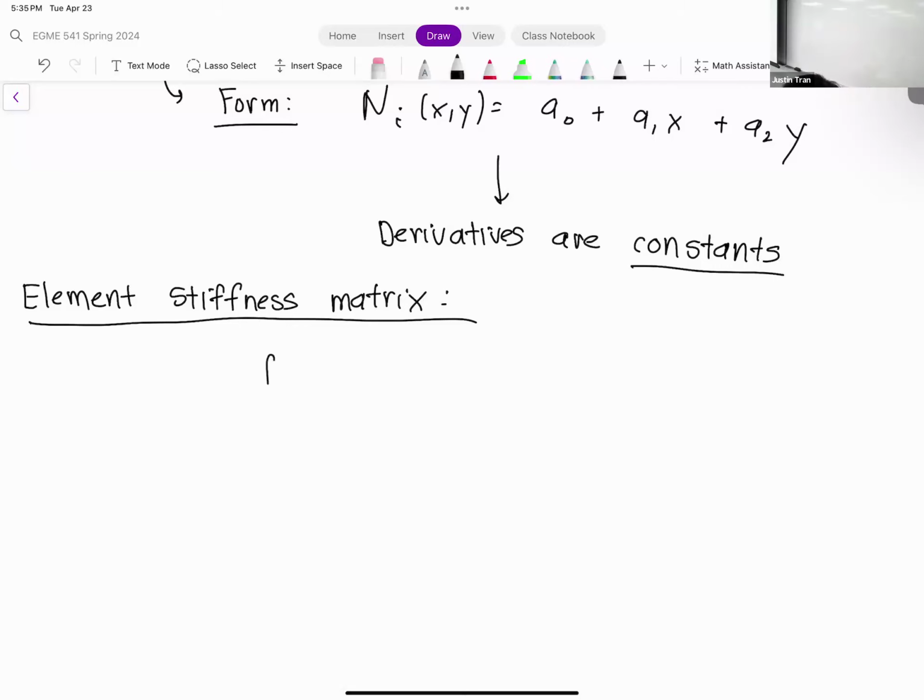Okay. So the element stiffness matrix is given by the double integral of the gradient of the weighting function, W, multiplied by K. K here is our thermal conductivity.